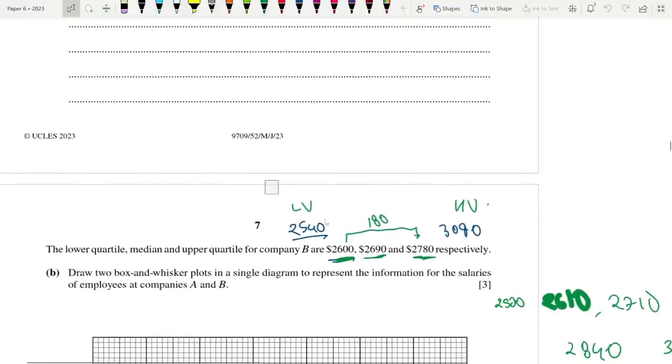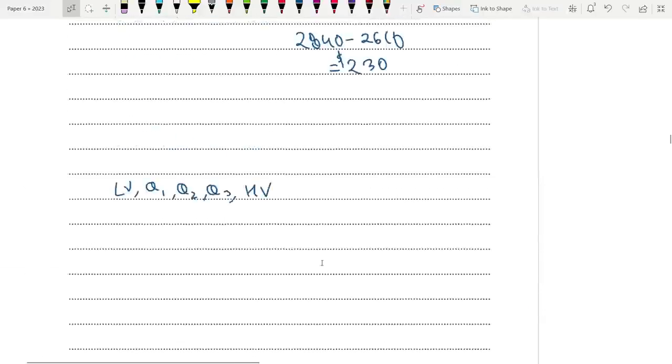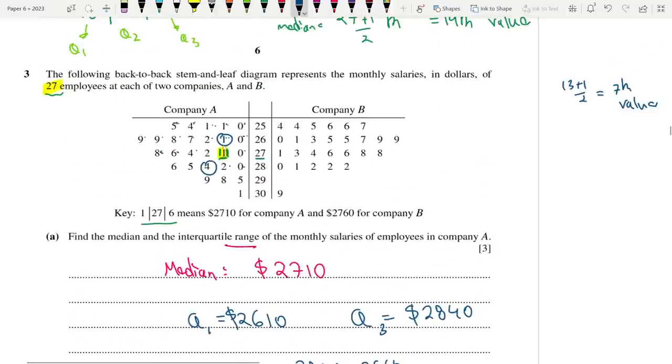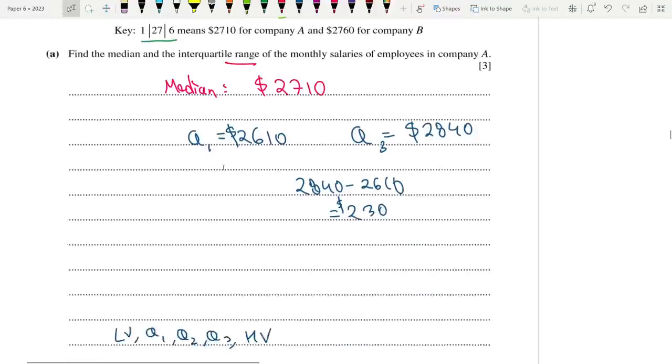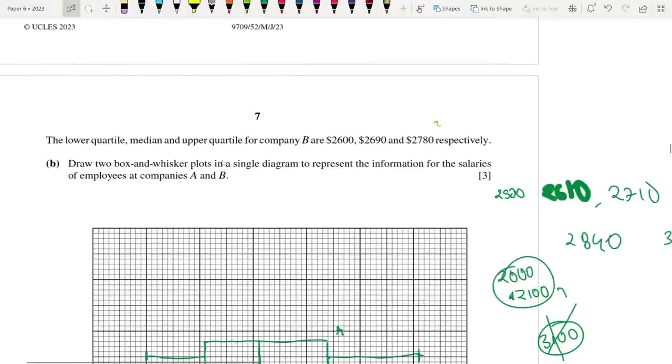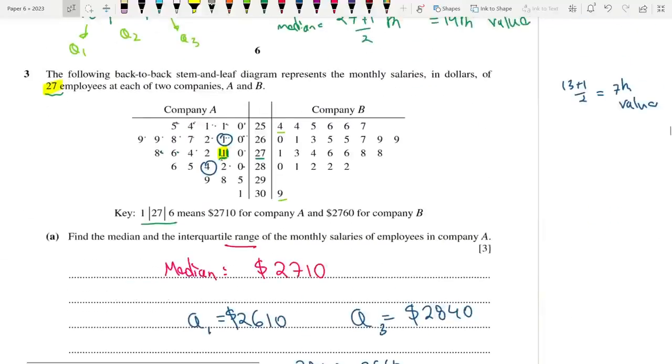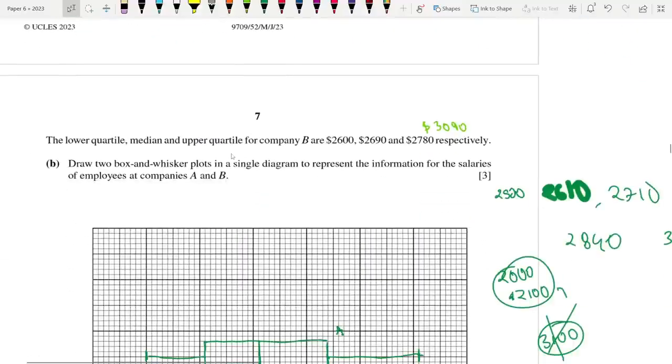The data for company B is given: the quartiles Q1, Q2, and Q3. Also, we can find out the least and highest value. They are 2540 and 3090 respectively. So least value, highest value.